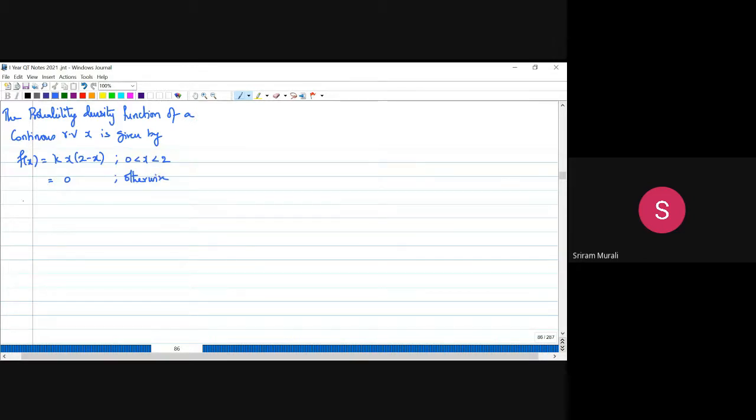So find k, also find E of x, also find the probability of x being more than 1.